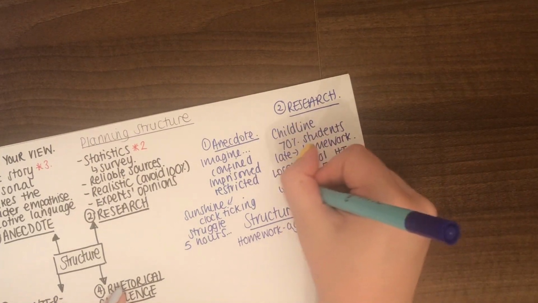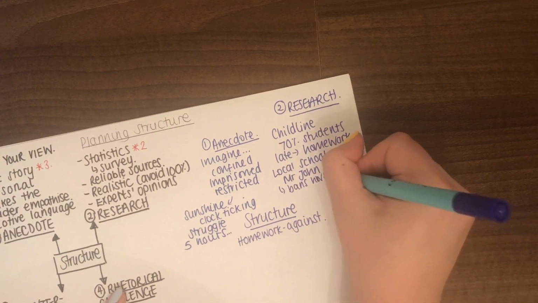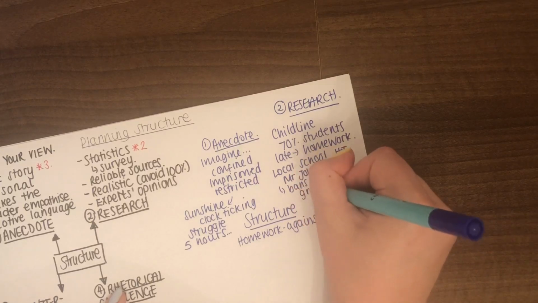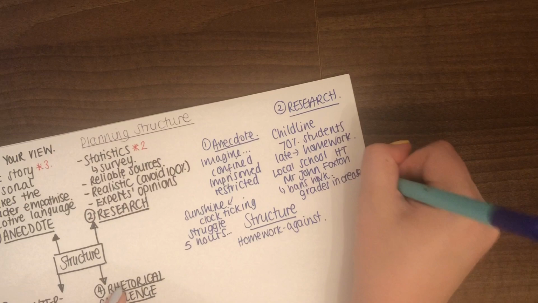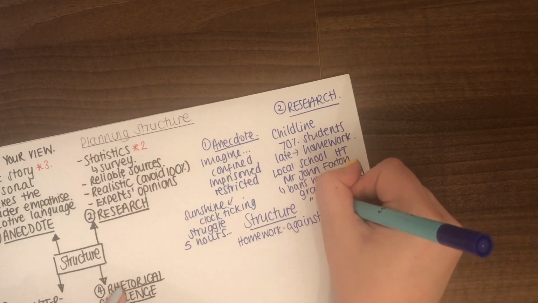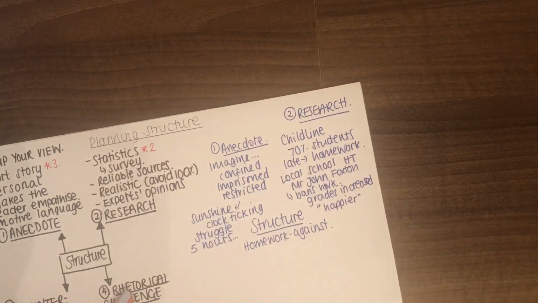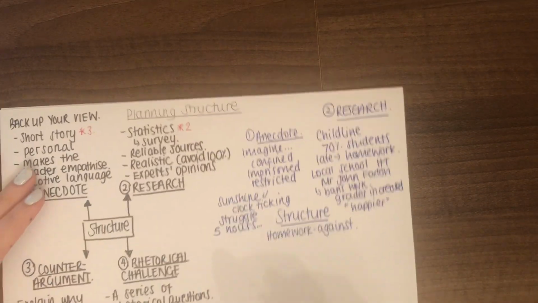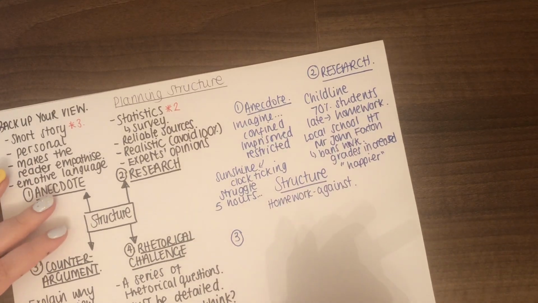who banned, so they banned homework, and they found that grades increased. And then I'm going to have a quote from him, like, our students were so much happier and they actually did better in their exams, blah, blah, blah. Okay, that's paragraph 1. Paragraph 2, my counter argument, who might agree with homework?